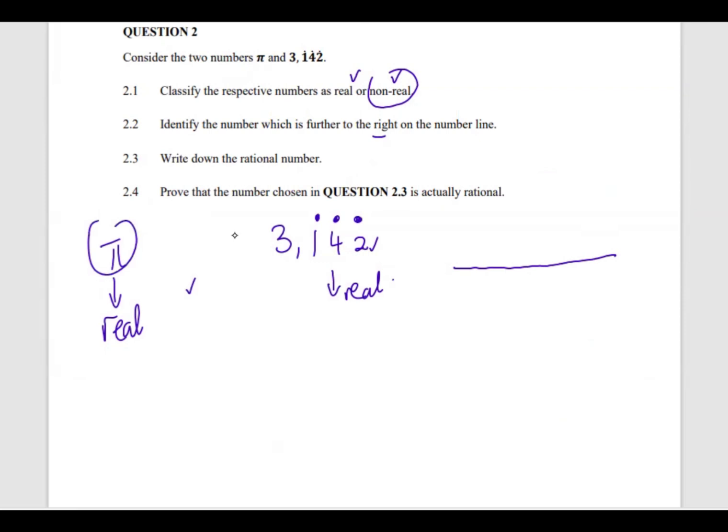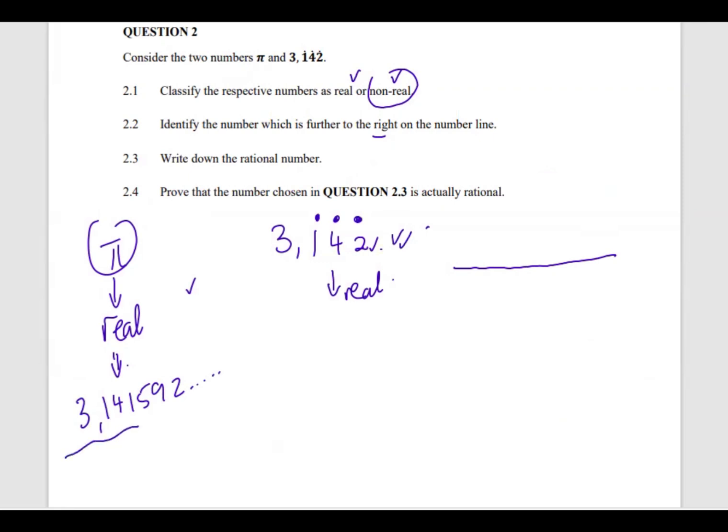If you have your calculator and you attempt to punch pi into the calculator, you find that it's 3.14159 and so on. Then this one is 3.142. So between the two, which one is farthest to the right?